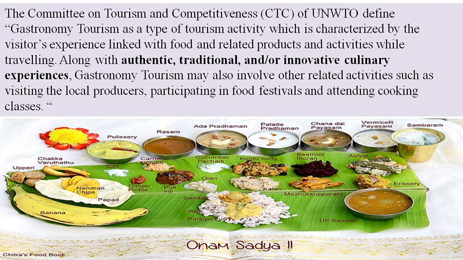They have included the words authentic, so it is not staged, it is real; traditional, full of traditions; and innovative, having something new in it. It may involve activities such as visiting local producers, participating in food festivals, and attending cooking classes. So that is gastronomy tourism.